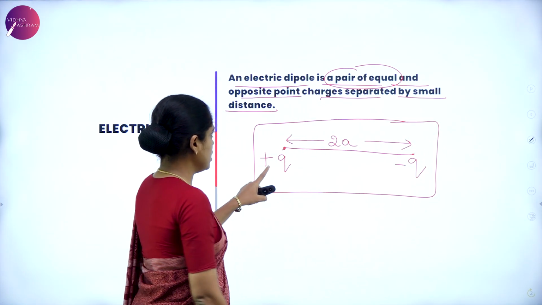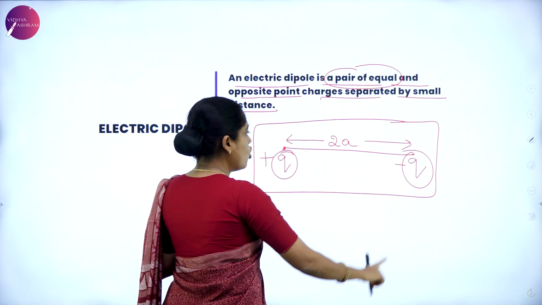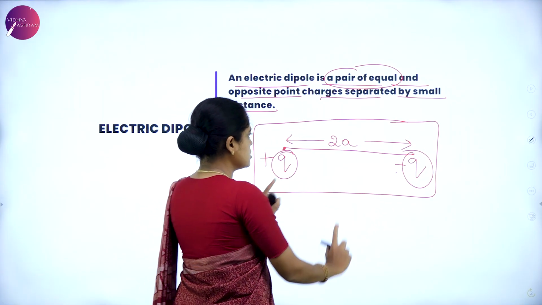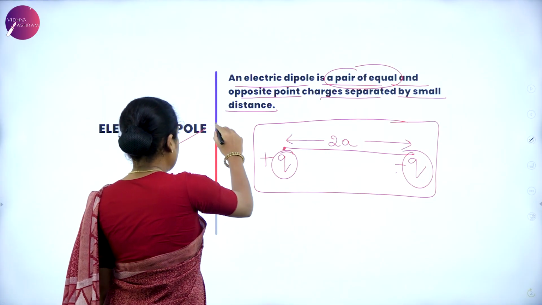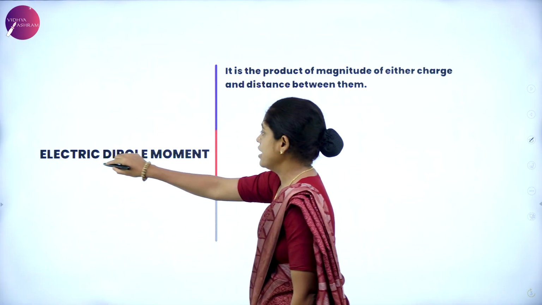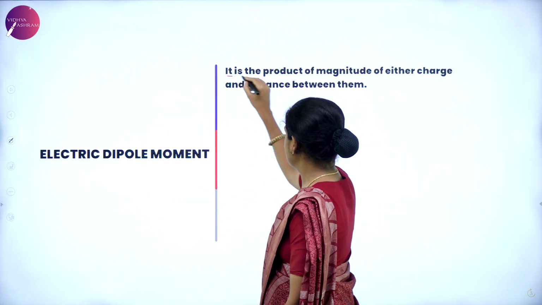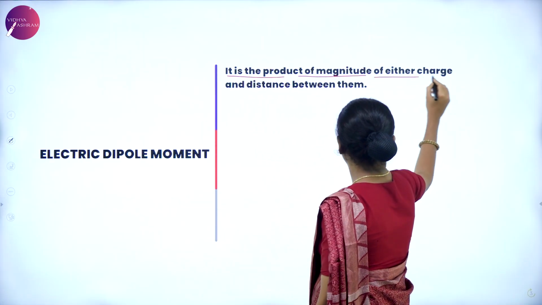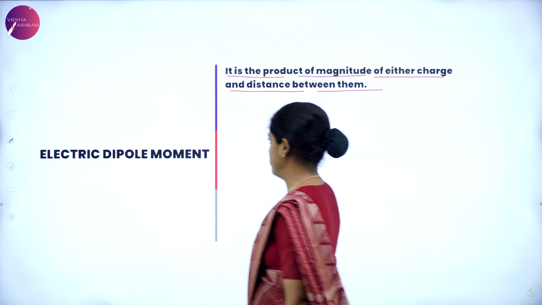So dipole is a pair of equal in magnitude opposite charges separated by small distance, and its strength is given by electric dipole moment. What is an electric dipole moment? It is the product of magnitude of either charge and distance between them.